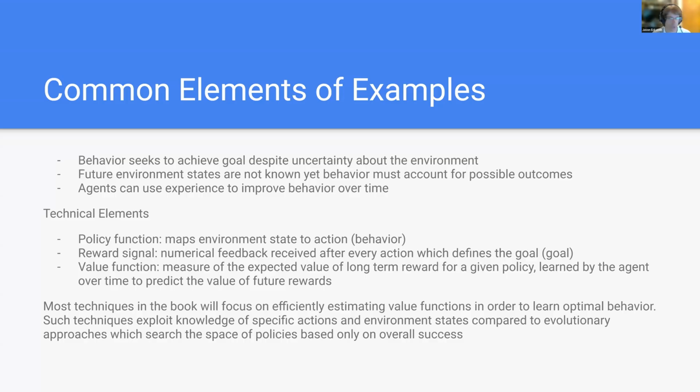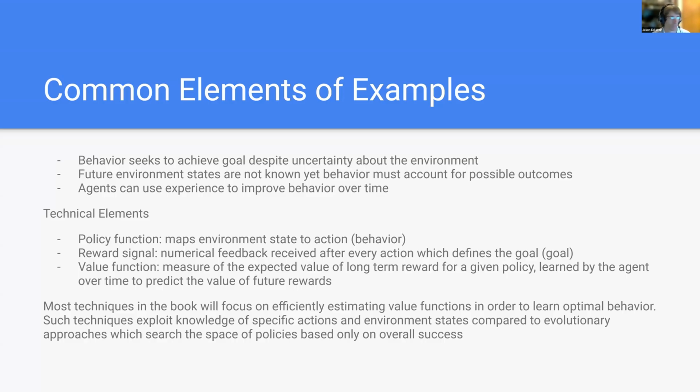And there's uncertainty about what happens immediately, and there's also uncertainty about what happens in the future, because the goal involves all of the future states and all the future rewards that the agent receives, and it can't possibly know that exactly. But the optimal behavior would be something that behaves optimally even among all those uncertain possible future outcomes.